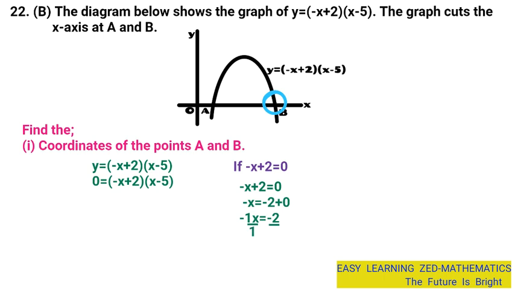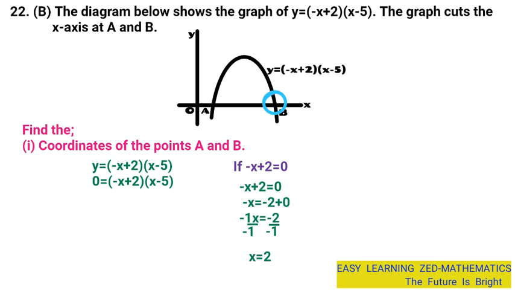It can also work if you just cancel out the negative signs on the x and on the 2. So negative 1x divided by negative 1 gives x, which is equal to negative 2 divided by negative 1, which gives positive 2. So the value of x when negative x plus 2 is equal to 0 is 2.